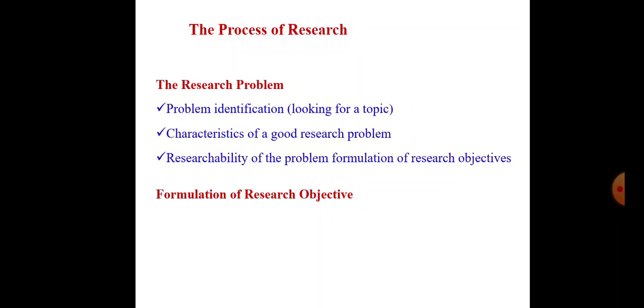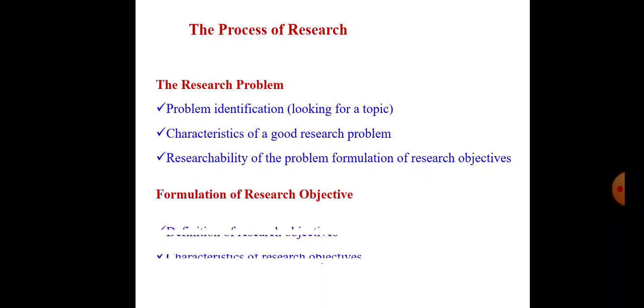And as far as the process of research is concerned, first we have to select the research problem and formulate the research objectives. The process of research has various steps, starting from the problem and ending with the publications, and also even patterning of results or the product from the results.